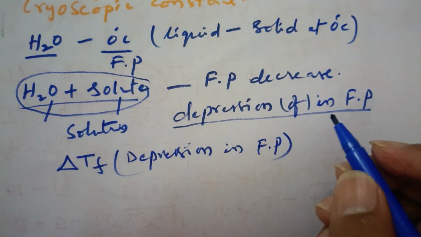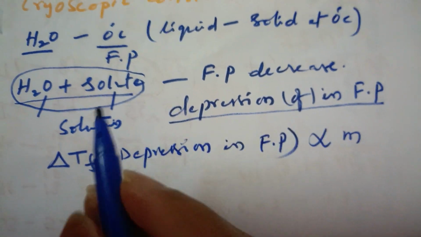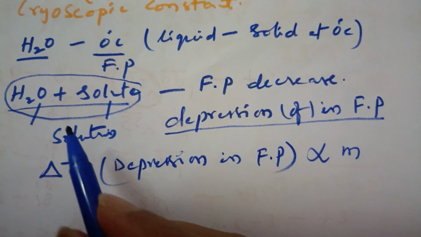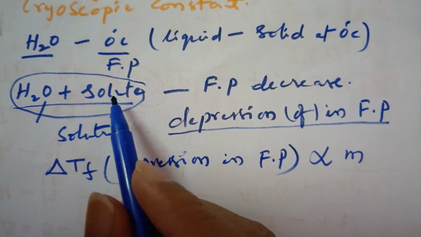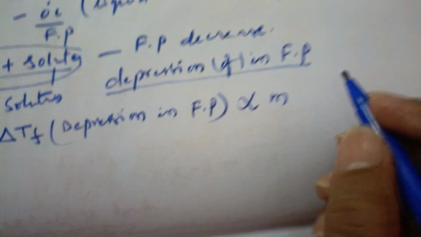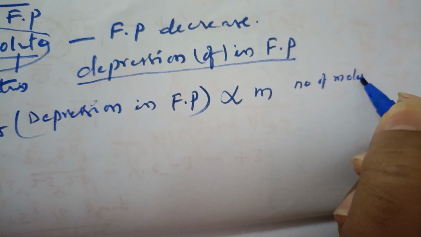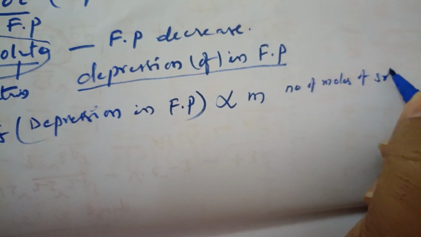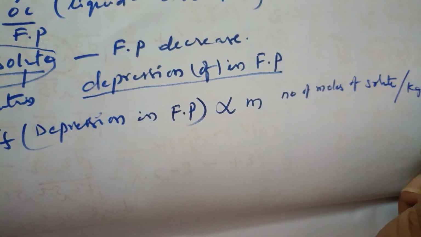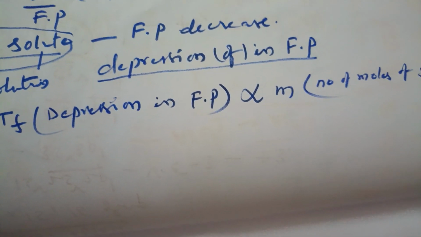This depression in freezing point is proportional to the molality of this solution. What is molality? Number of moles of solute per kg of solvent. That is the molality.